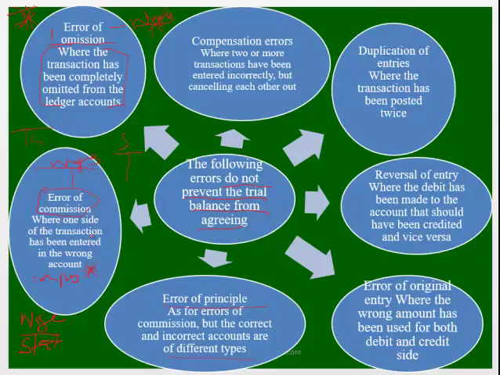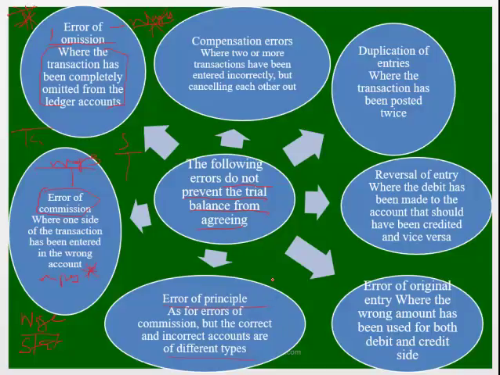That is error of commission. But error of principle is more or less the same thing as error of commission, but instead of putting the money into another expense account, let's assume that I put the money into an asset account.